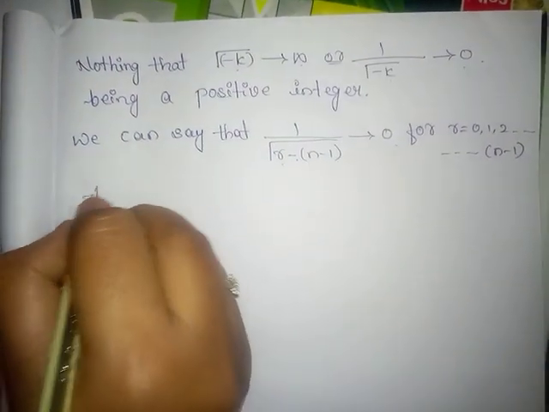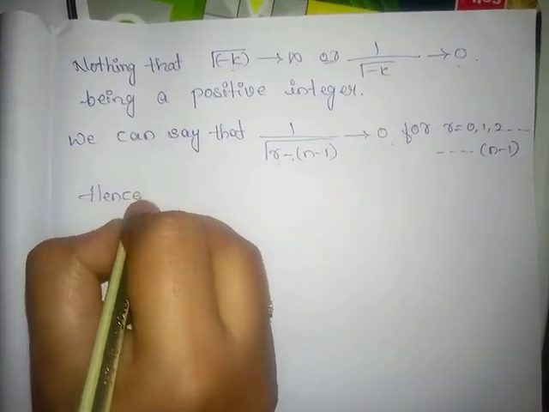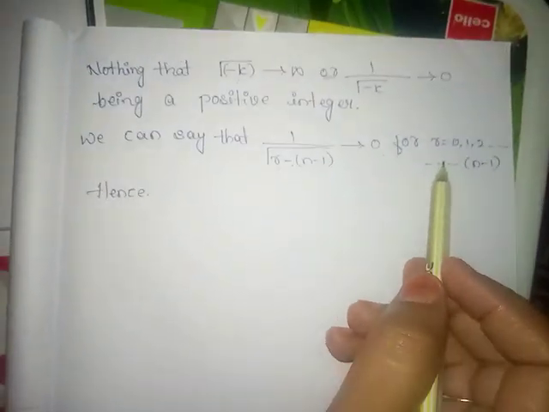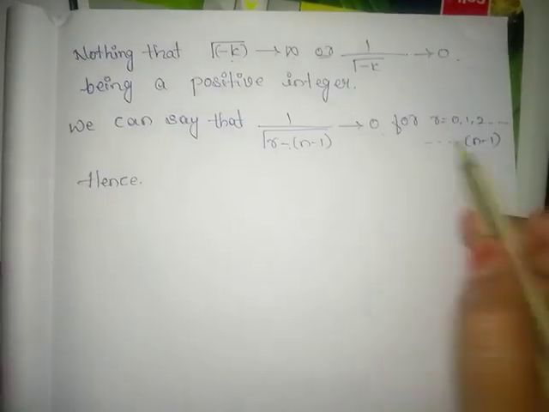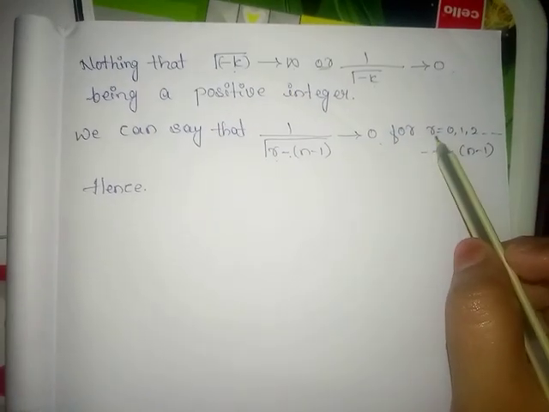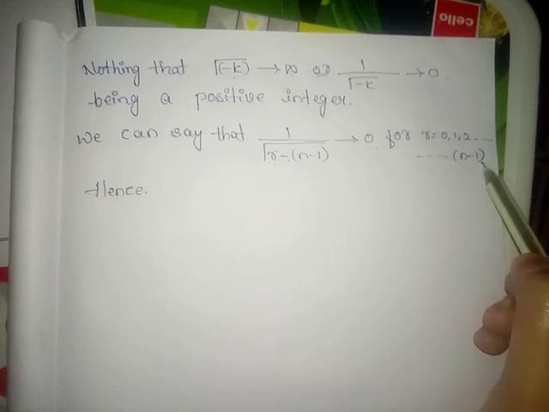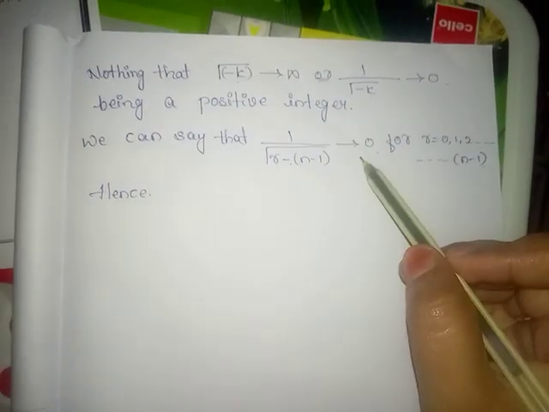Hence, all r values from 0 to n minus 1 give the value 0.